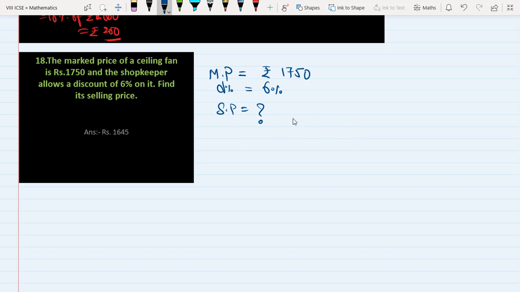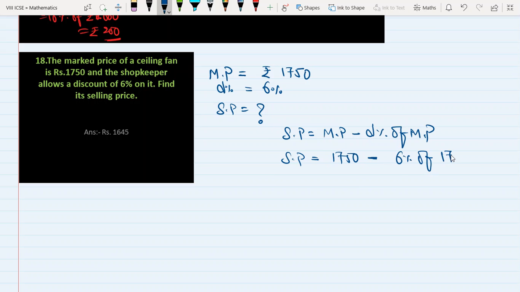As I told you, selling price is equal to marked price minus discount percent of marked price. This is the complete formula. So selling price is equal to 1750 minus 6% of 1750.